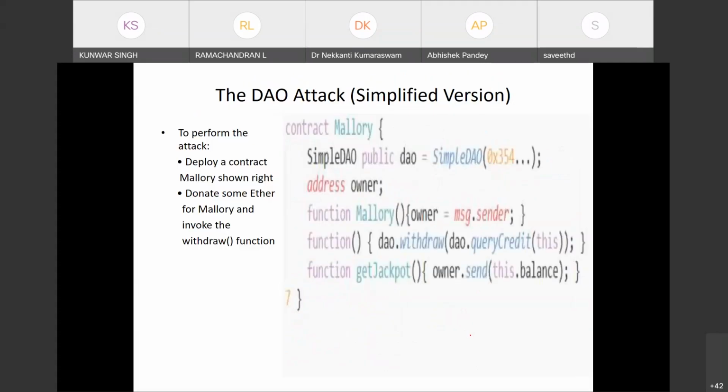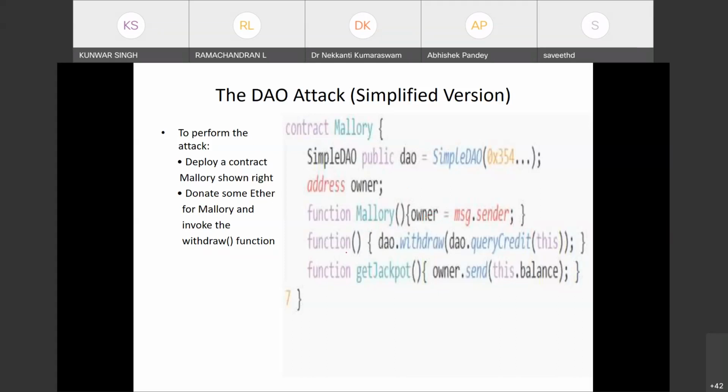This was the code, so the DAO attack. What the attacker has done: the attacker created a contract like this one, contract Mallory. This is the owner of the contract, Mallory. This is the constructor function, which will set the owner, whoever has deployed this contract; that person will be the owner.